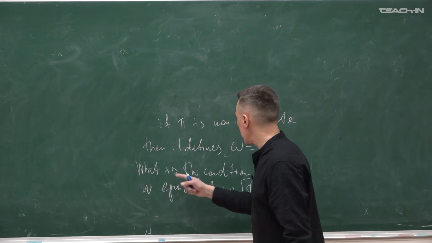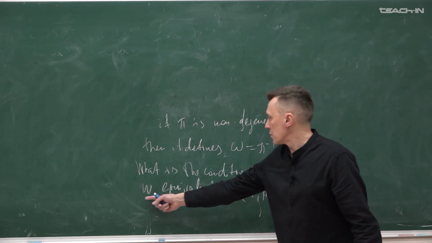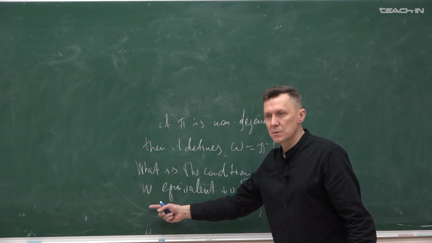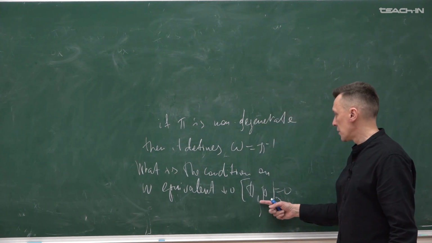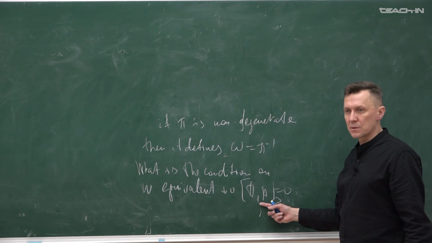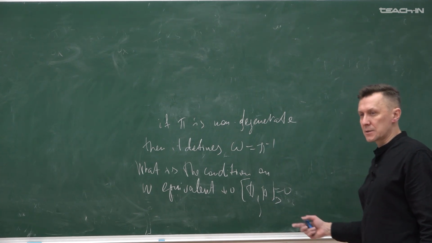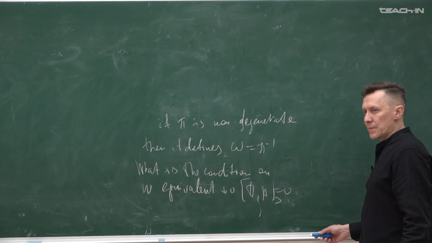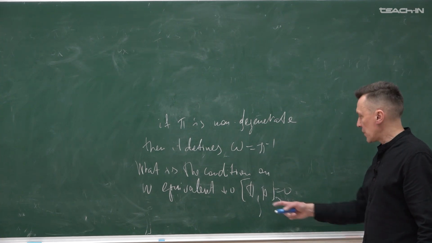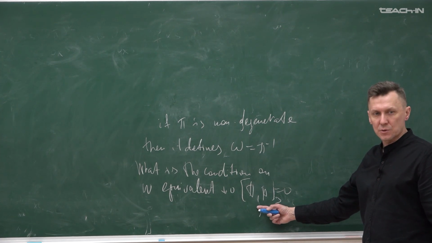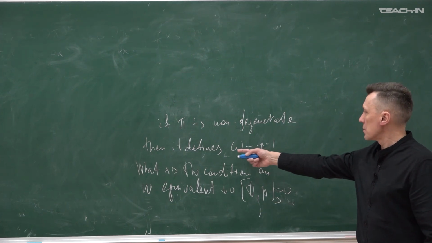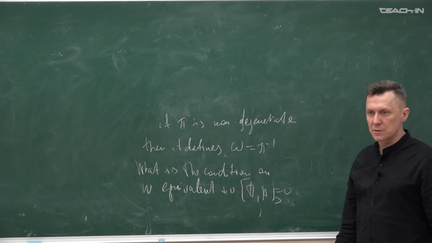My question is, what is the condition on this form which is equivalent to this condition on the bivector? Do you have ideas? If pi is such that its Schouten square is 0, what does it mean in terms of omega?